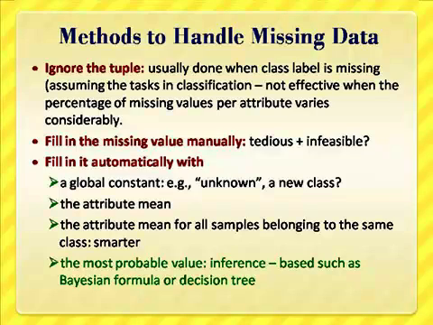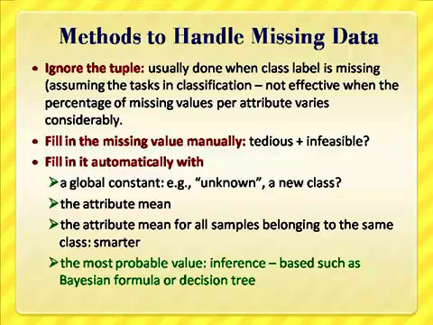Another kind of method is automatically filling the missing value. One popular method is putting a global constant. We use a global constant, unknown, as a new class to replace all missing values.